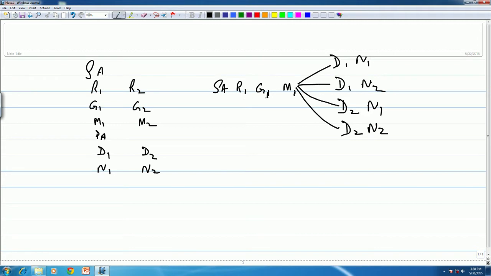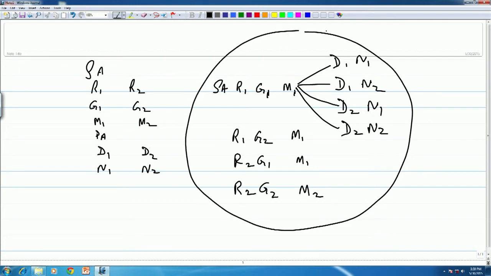So, also with Re1 and G1, 4 combinations are possible. You have Re1, G2, Re2, G1, Re2, G2 with Ma1. So, the total number of combinations here, with 4 of these possibilities and 4 of these possibilities, and just Ma1, it is 16. 16 possible combinations are there, because with each of these combinations of Re and Ga, 4 are possible.